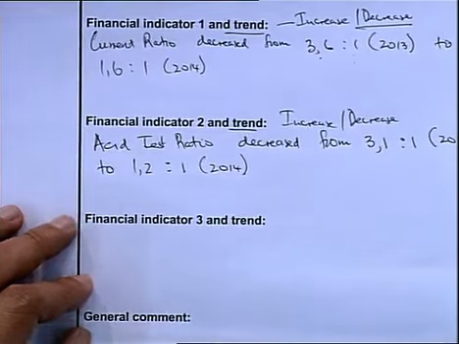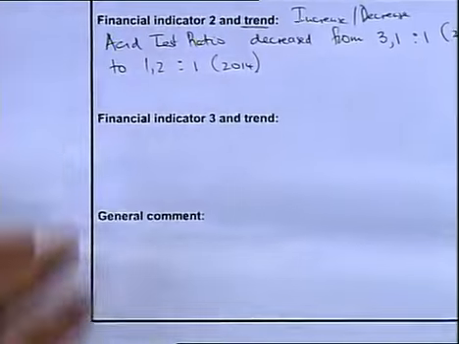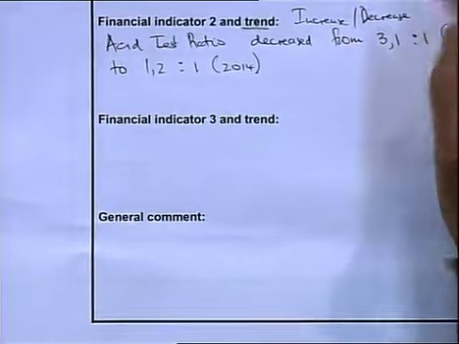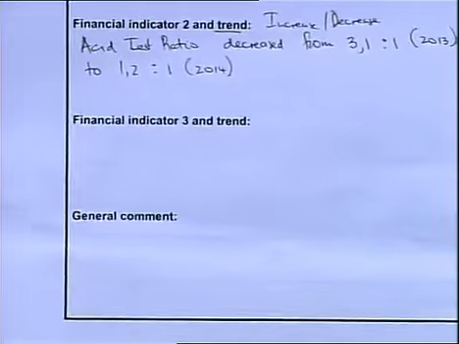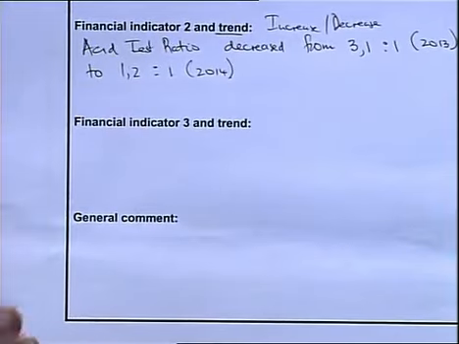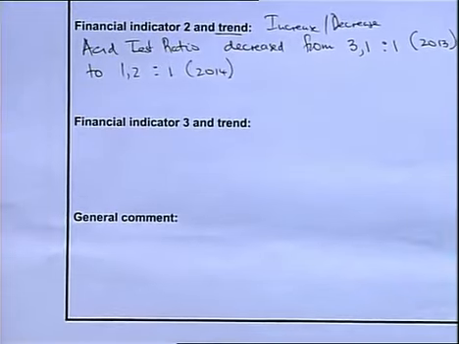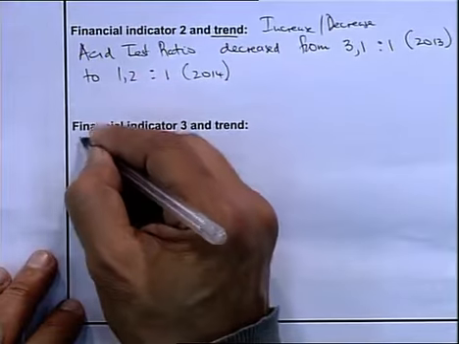Okay, the same with the third financial indicator. Just remember, they're asking for 3, so we can decide which one we're going to use. Okay, so it's a toss-up between the stock turnover and the debtors collection. Okay, I will do the debtors collection.